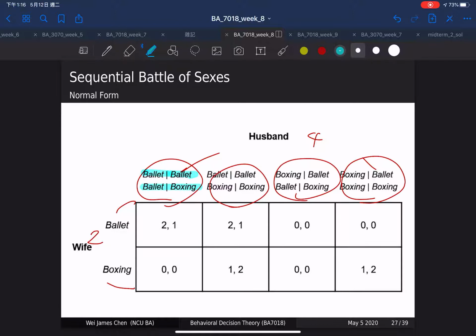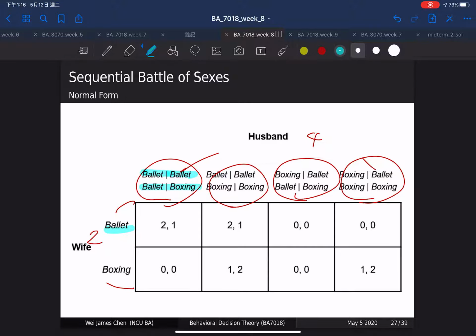Whether the husband choosing ballet, boxing ballet, and the wife choosing ballet, whether this together ending up at this grid, is that a Nash equilibrium? How do you check this? You check whether wife or husband has an incentive to deviate, right?